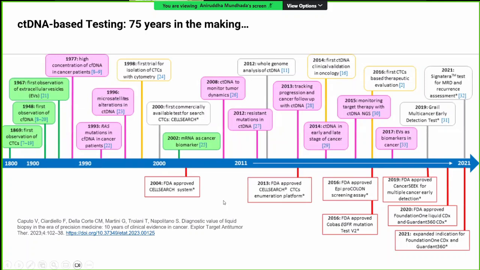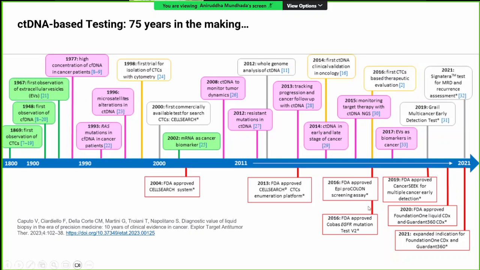Actually, ctDNA based testing has exploded in the last 10 years, leading up to many more companies which are offering circulating tumor DNA analysis as a standalone test for different diseases. First of all, the very famous one, which FDA approved in 2016, was Epi proColon for colon screening assay, but the sensitivity was almost 60% and not that great.